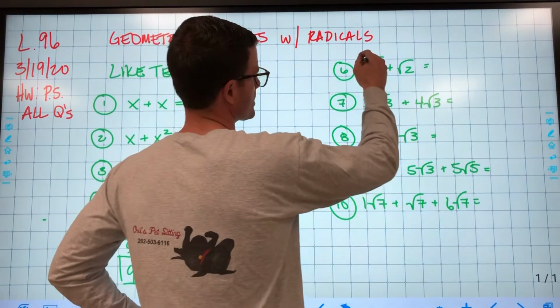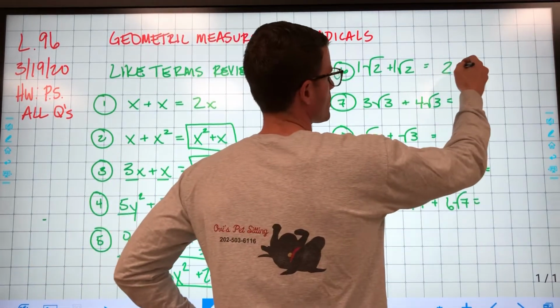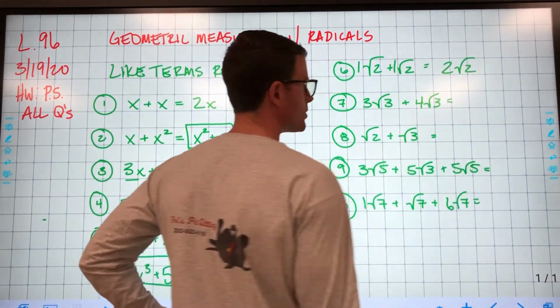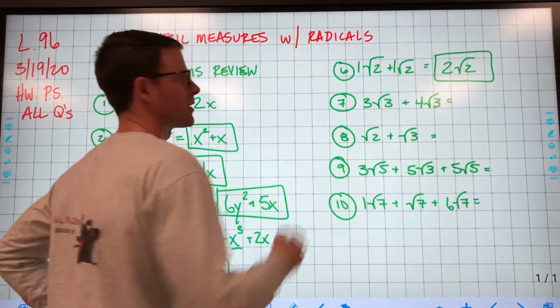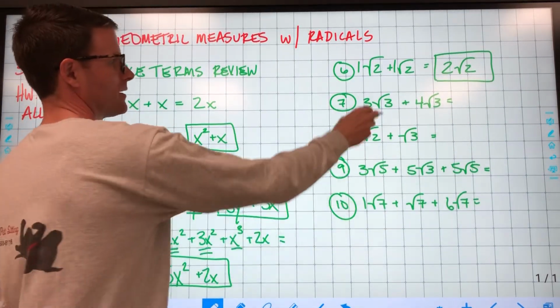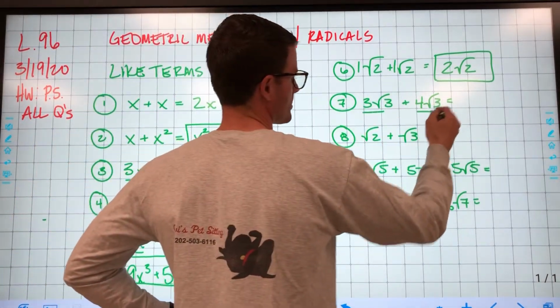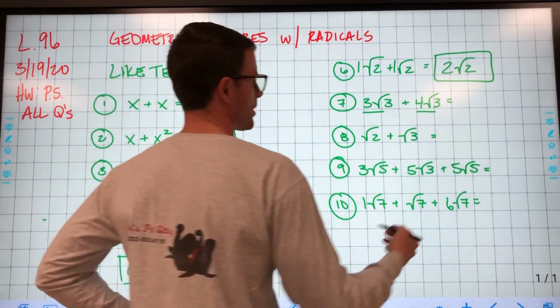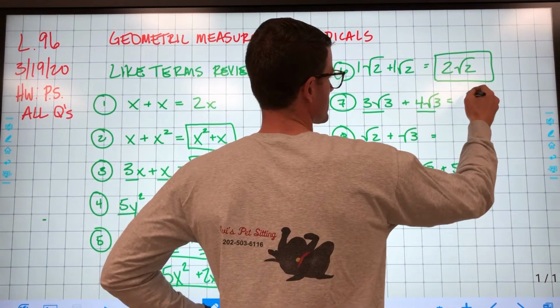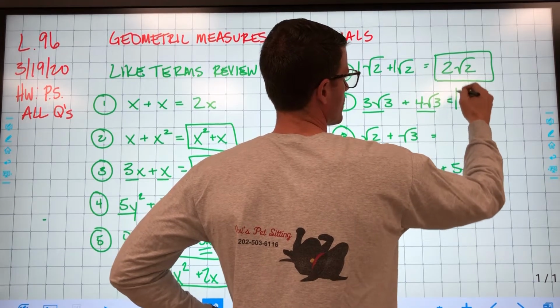So this is 1 root 2 plus 1 root 2, which gets me 2 root 2. I have 2 root 2's. Again, I have to have the same number inside the radical to add. I have root 3 and root 3 here, so I can add these. These are like terms. The only number that changes is the number on the outside, so it's going to be 7 root 3.